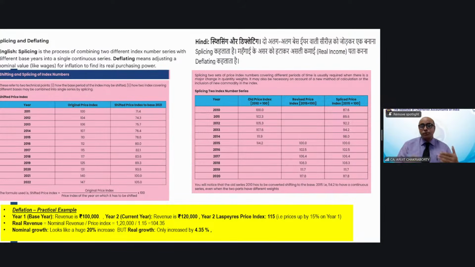Because the original was 1 lakh, but the revised revenue, if you compare it from the real point of view, is not 1,20,000, but 1,04,350. So real growth की अगर बात करें वो है 4.35, even though the nominal growth looks like 20%. So this is how we do the deflating.